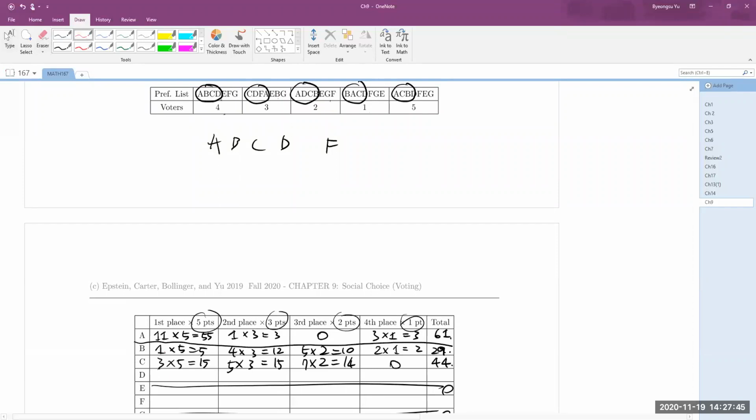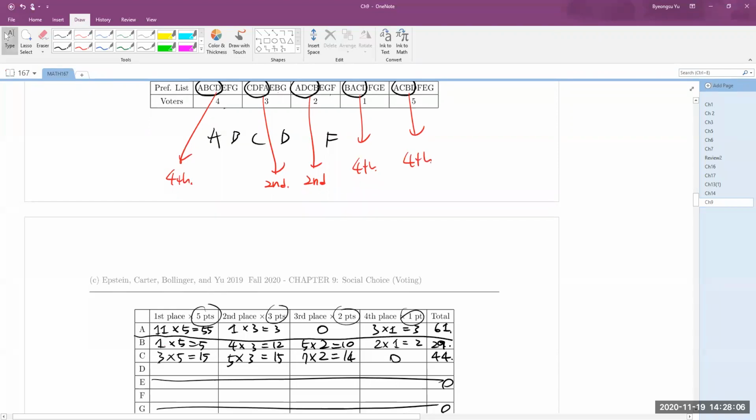And in the case of D, the first preference thinks that D is in the first rank, and the second preference thinks that D is in the second rank. Okay, the third preference thinks that D is in the second rank, and the first one thinks that D is in the first rank, and the last one thinks that D is in the first rank.